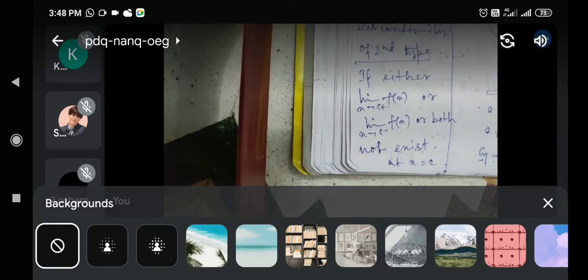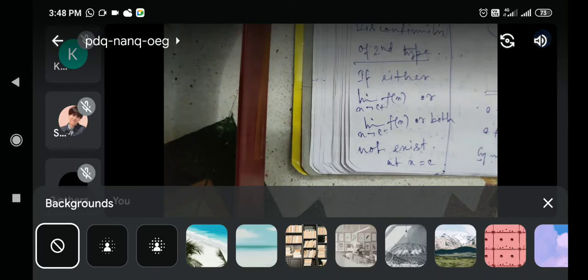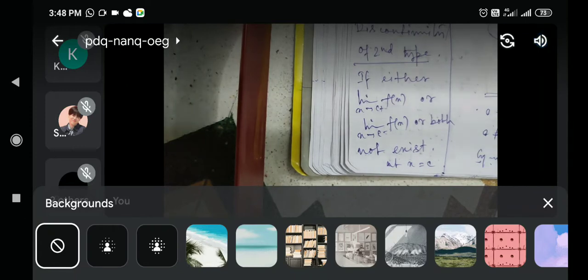Can anyone give me one example of such type of discontinuity? We have solved many examples in limits of such discontinuous functions.